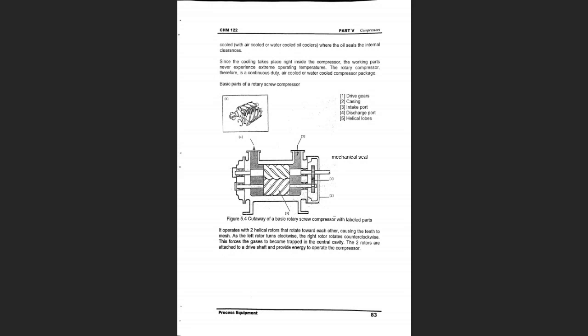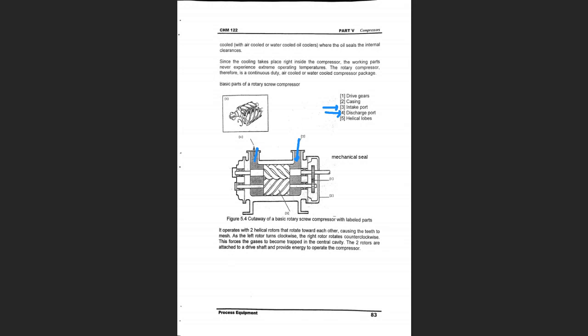Let me show you now. We have, you can write either suction side or intake port, or you can even write discharge side or discharge ports. Other section of the discharge, and this is the driving gear.